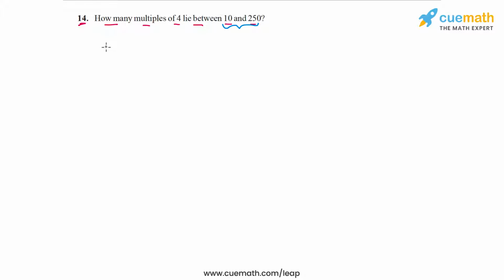So what we're going to do is first find the smallest multiple of 4 that lies between 10 and 250. So we are going to find that multiple of 4 which comes immediately after 10. That number is 12. And now we will find the largest multiple of 4 that comes just previous to 250.